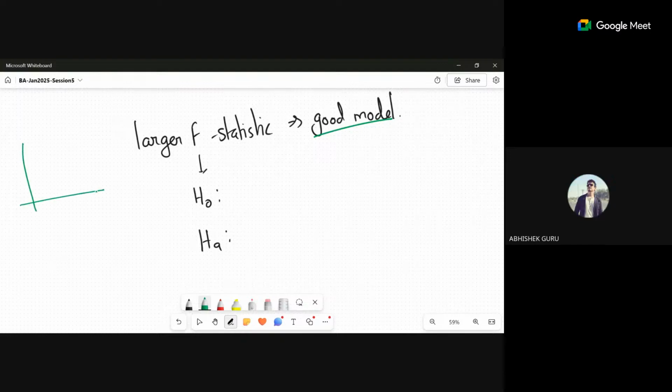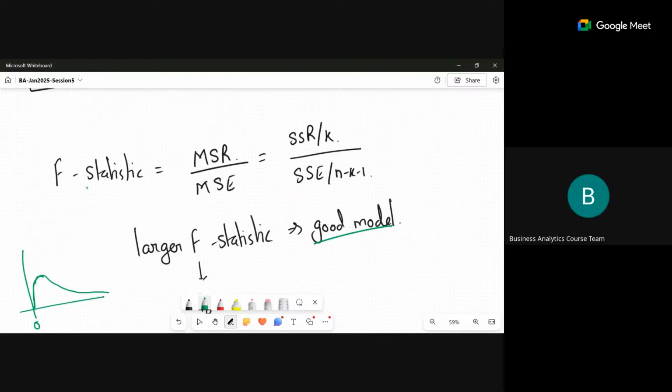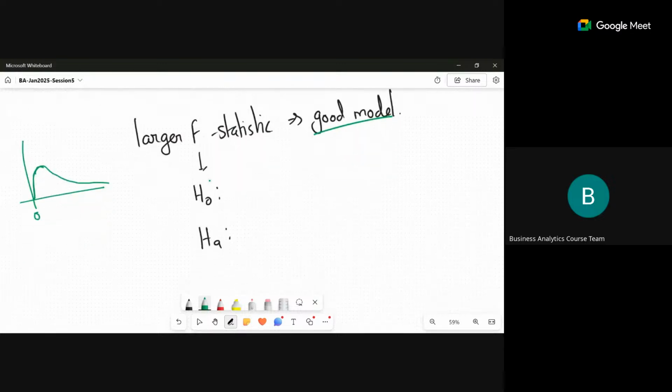H naught is that the model is good and it returns the best fit line? No, that is not H naught. It's actually the opposite. So when you look at the F distribution, I'm not exactly good with diagrams. It has 2 degrees of freedom, but it will be like this. This will be 0. It will be a positive curve because MSR and MSE are always positive numbers, since they are variances.